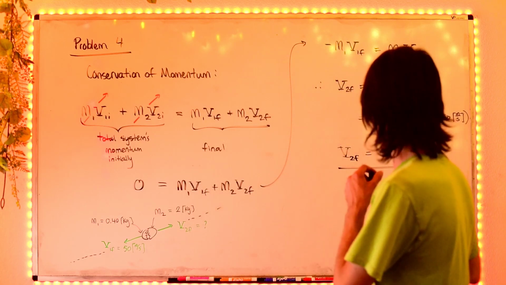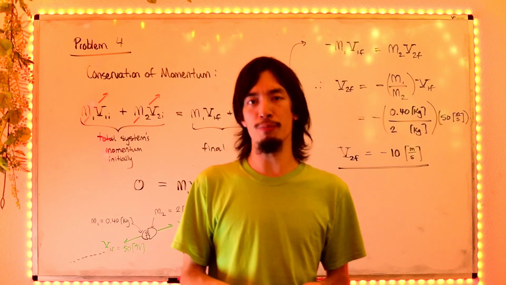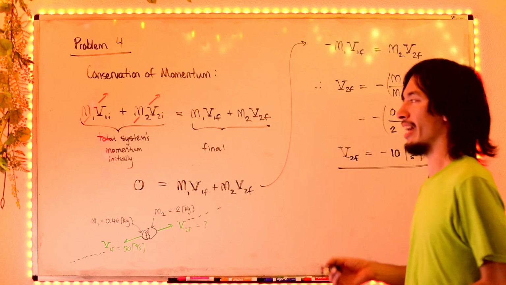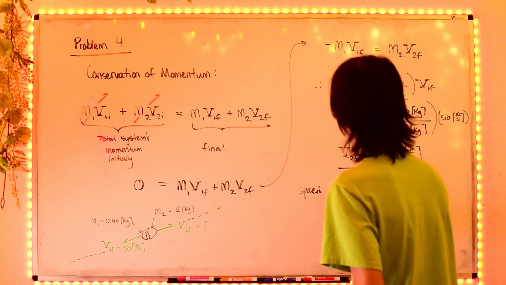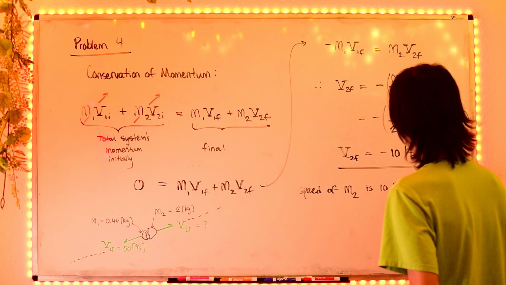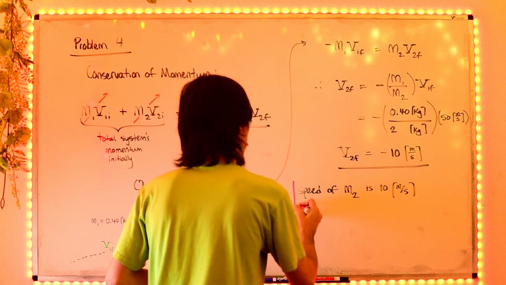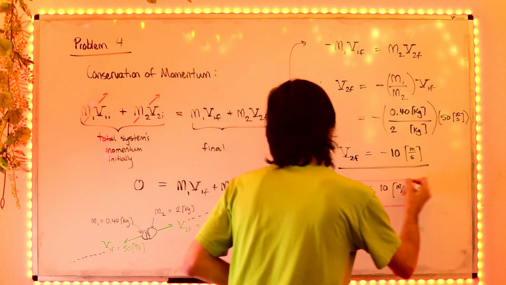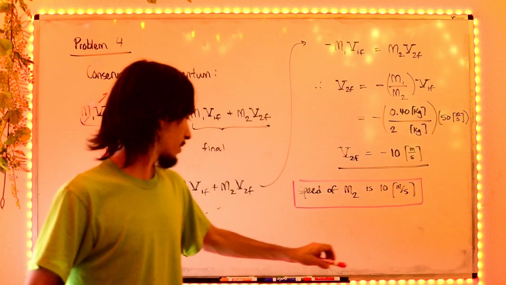So in the end of this, since I only asked for what's the speed of the larger piece, we're just going to say it's 10. So the speed of M2 is 10 meters per second. And that's how fast it's going after.